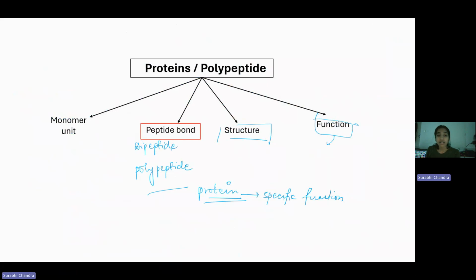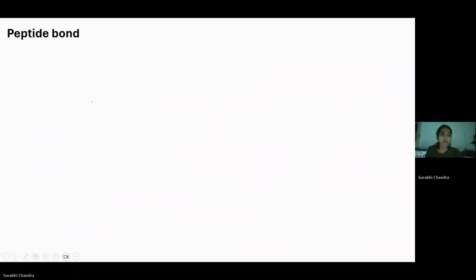and what are the characteristics of a peptide bond. So for a peptide bond, suppose there's one amino acid having R1 functional group, and there's another amino acid having R2 functional group.